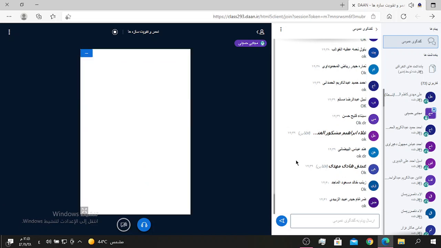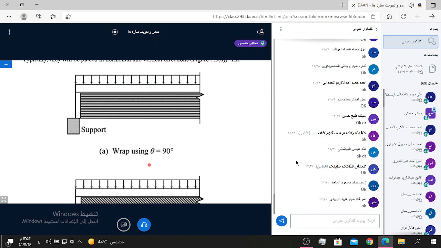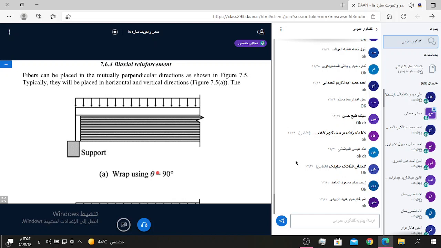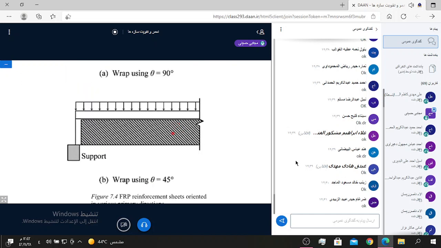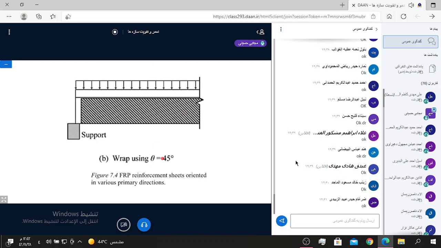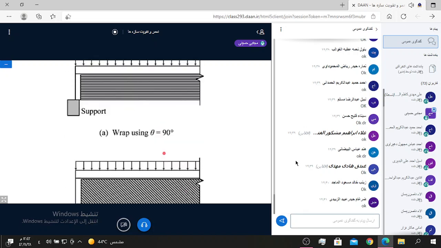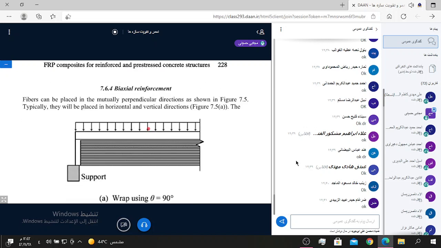You can see this figure, okay? Using theta equal 90 degree, by axial reinforcement. And in here you have a wrap using theta equal 45 degree. In various primary directions you can use composite materials or FRP.